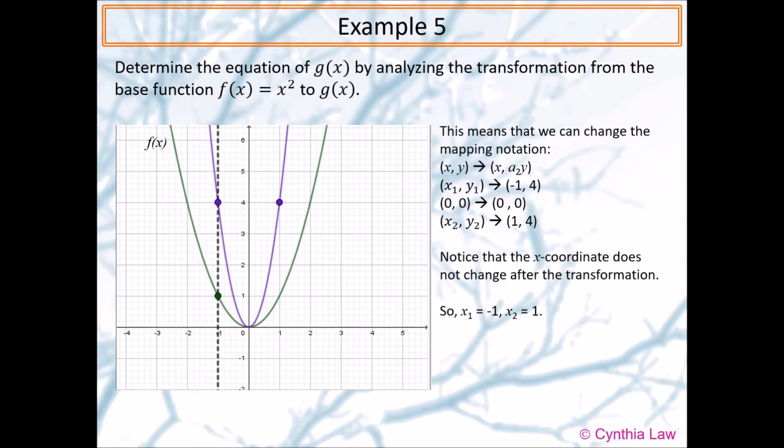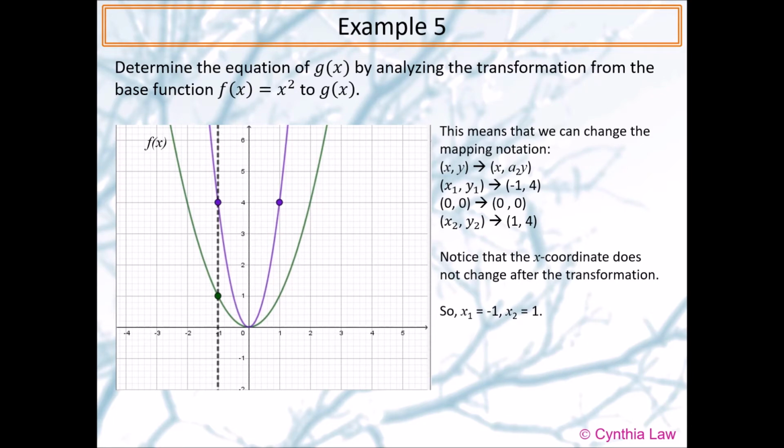If I draw a vertical line that crosses both curves, why do I want a vertical line? Because I'm looking at the vertical change. Because I just said I'm going to assume that there's no horizontal stretch or compression. I'm only focusing on the vertical stretch or compression.